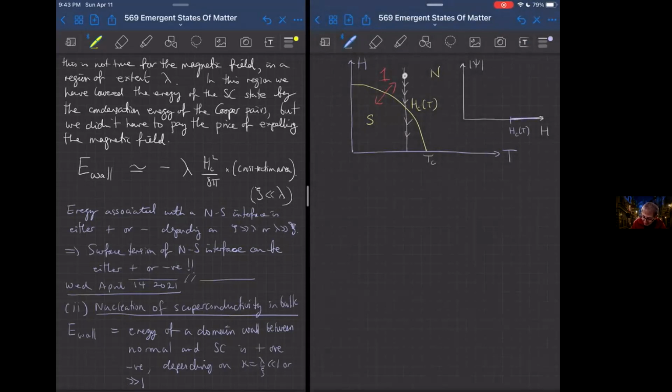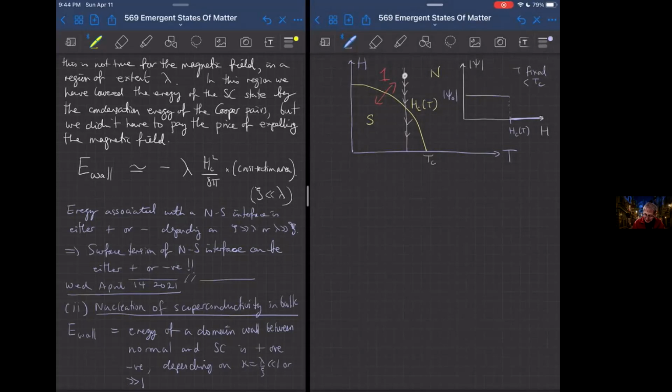Below that, it jumps discontinuously to whatever value it should be. And this value here is what we've called psi naught before. And so that's simply what happens for fixed T less than critical temperature.